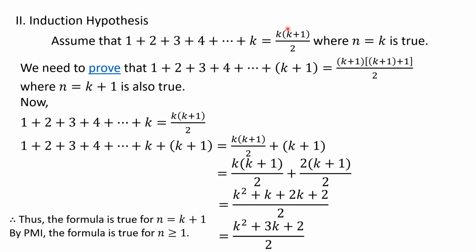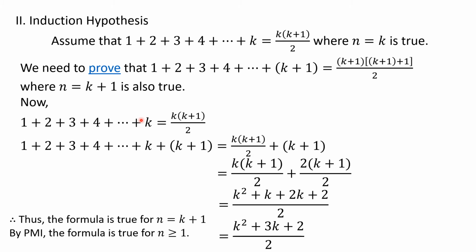So k is any natural number. And then we need to prove that 1 plus 2 plus 3 plus 4 plus until k plus 1, which is the next term after k, is also equal to the quantity k plus 1 times the quantity k plus 1 plus 1 over 2, where n equals k plus 1 is also true. So we just substitute k plus 1 for our variable n.